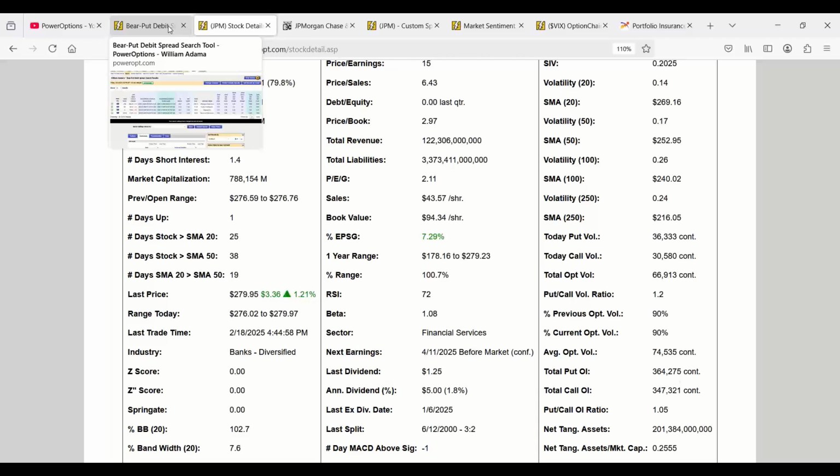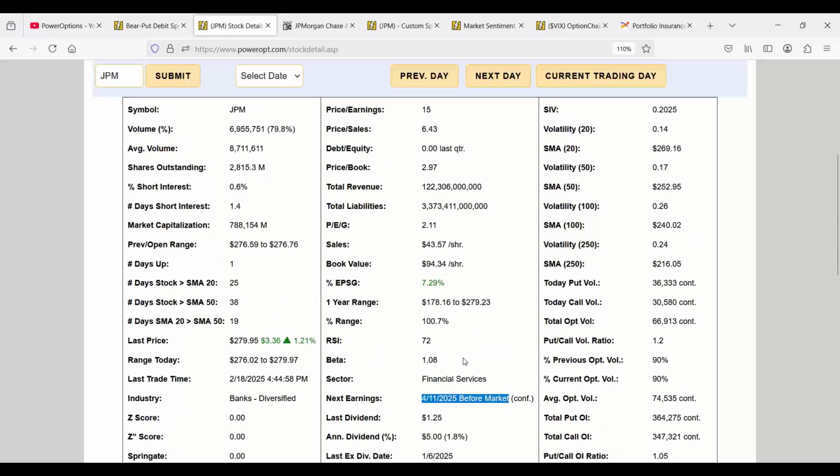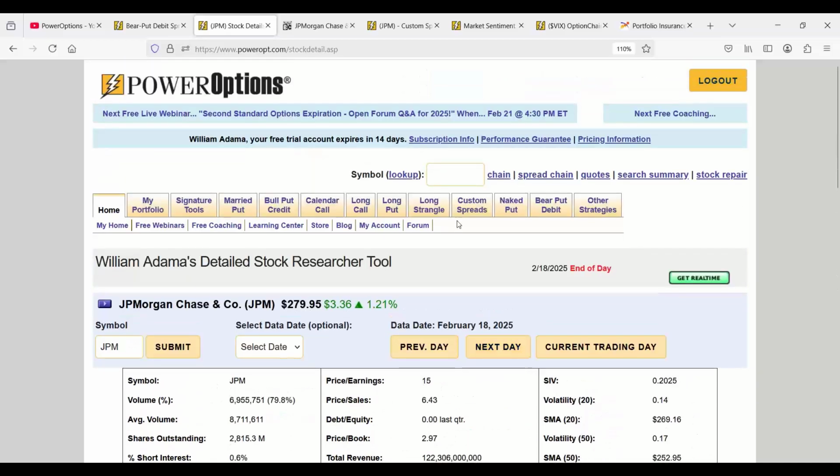And he said, okay, well, there they are, but how could I have caught it before the break? And the break, of course, on one was February 8th, I believe, or February 9th was when it dropped below the SMA 20 because it had earnings before market on February 9th. The other one was earnings after market the day before. So those were just related to earnings plays.